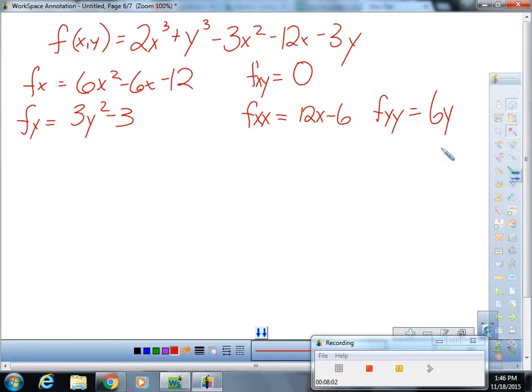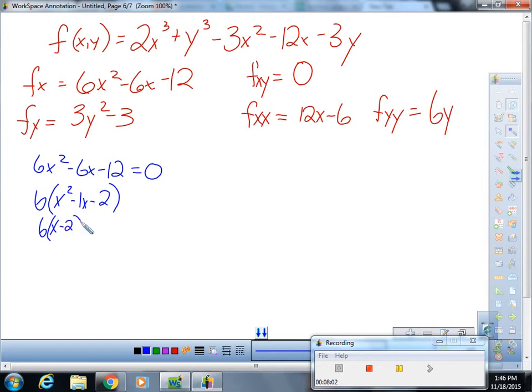And then you say, well, when does 6x squared minus 6x minus 12 equal 0? Well, that's 6 times x squared minus x minus 2. 6 times x minus 2 times x plus 1, right? I'll come over to this one.